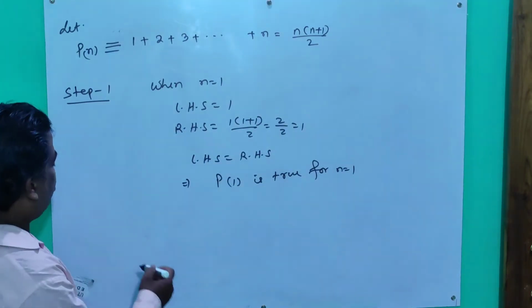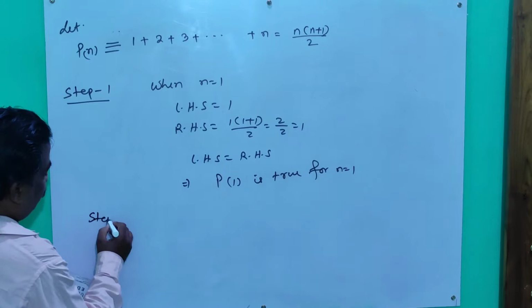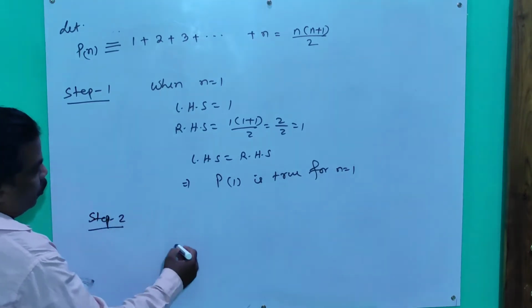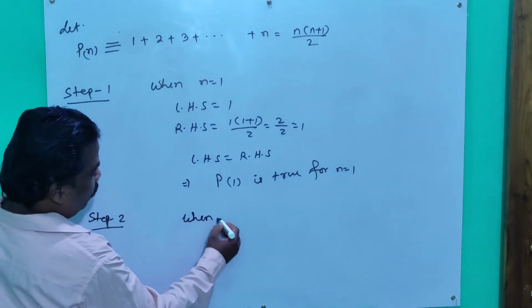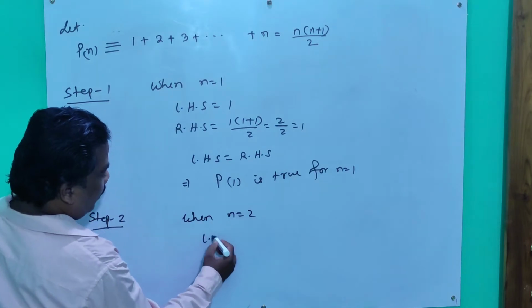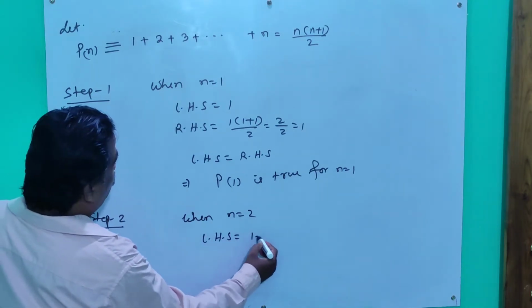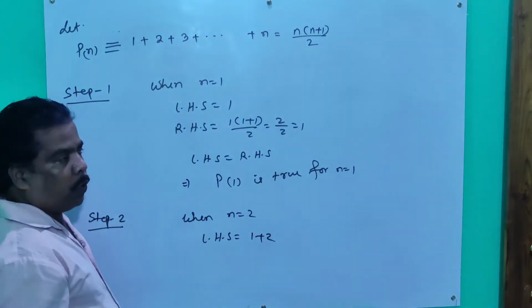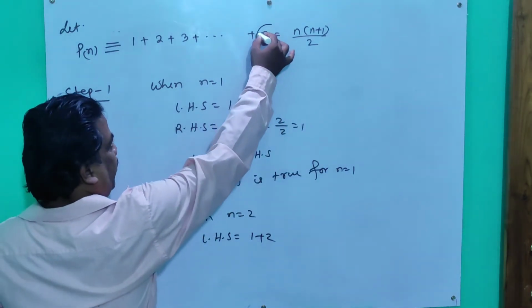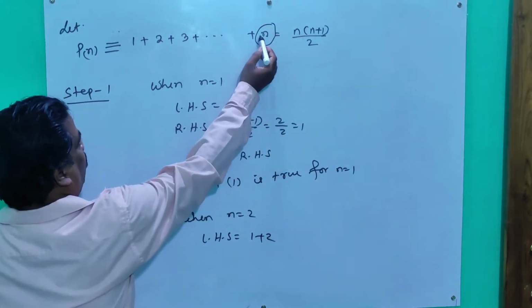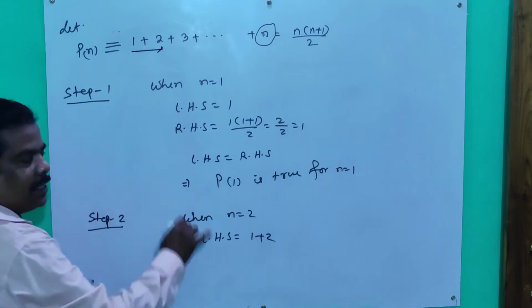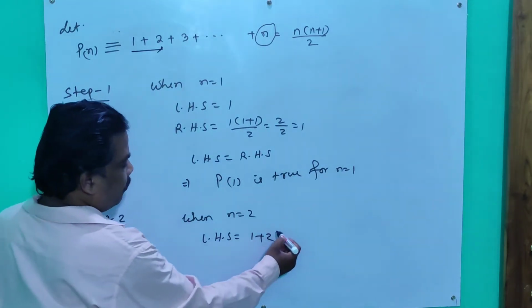Next, suppose n is equal to 2. When n is equal to 2, we find the left hand side is equal to 1 plus 2, that is equal to 3.